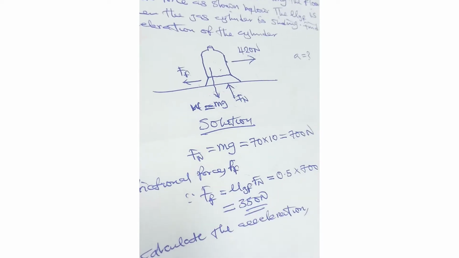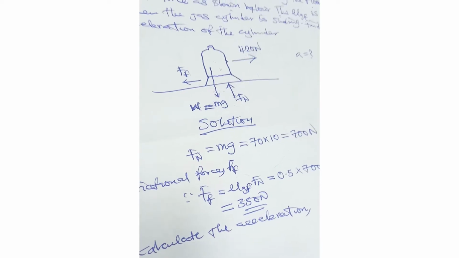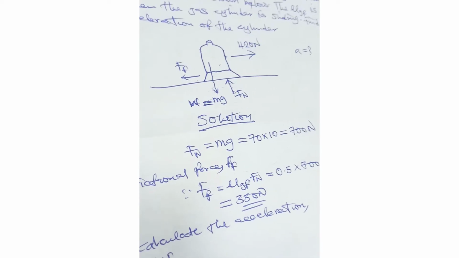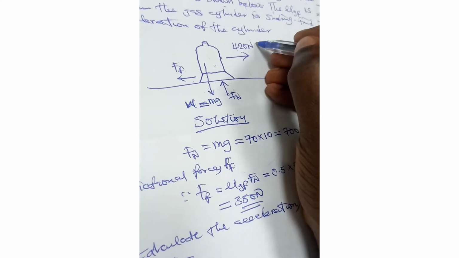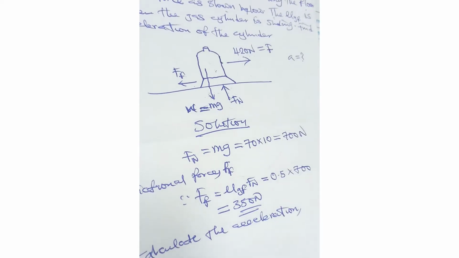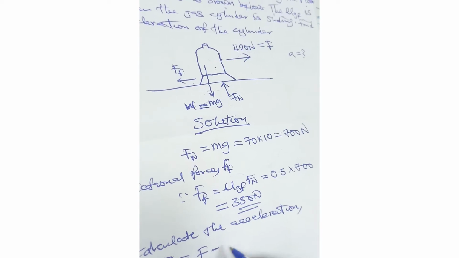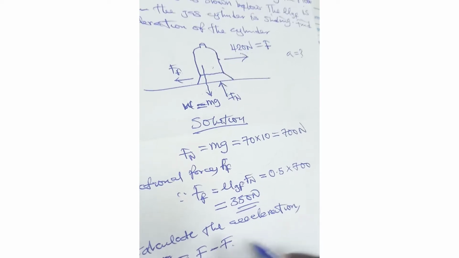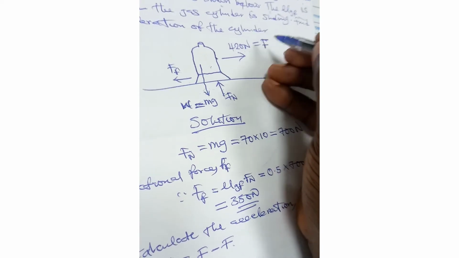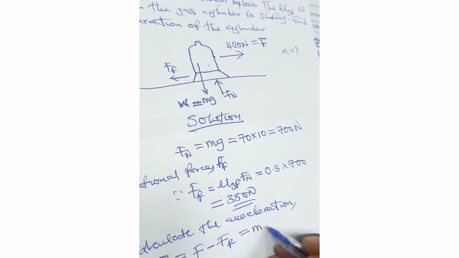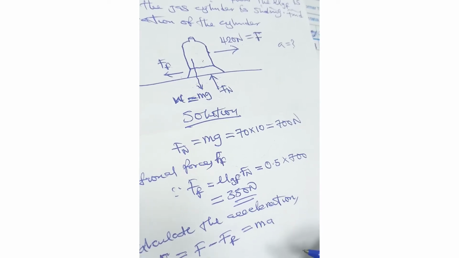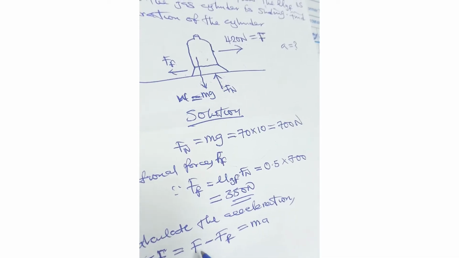So we are going to look at the sum of the forces acting on the object in the sliding motion. The main force, let me say that one is F, the force applied, minus the force of friction, is equal to, and that's what will cause it to be in motion.